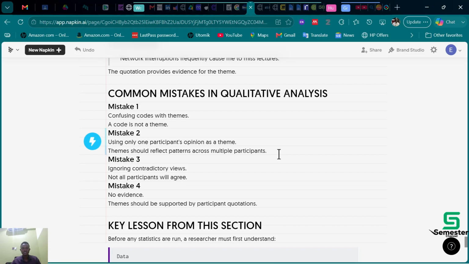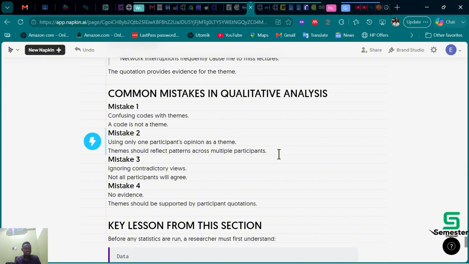All right, and then using only one participant's opinion as a theme. The theme should reflect patterns across multiple participants. So it shouldn't be that one person is giving their opinion, and it wasn't what more than one person was saying. That is not a theme.